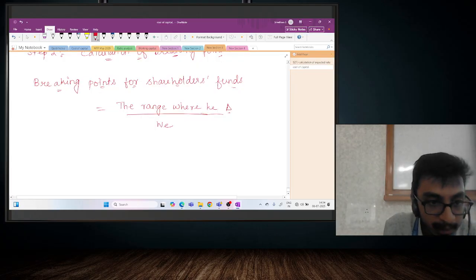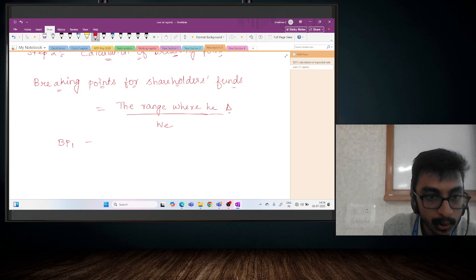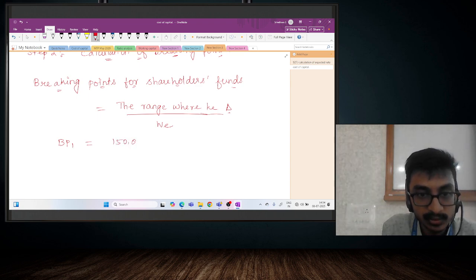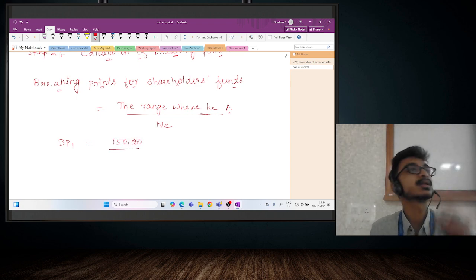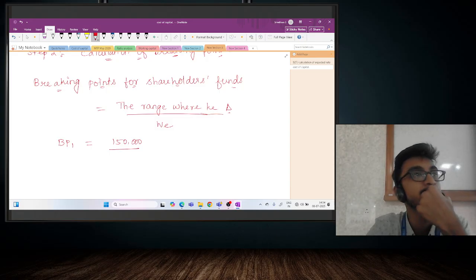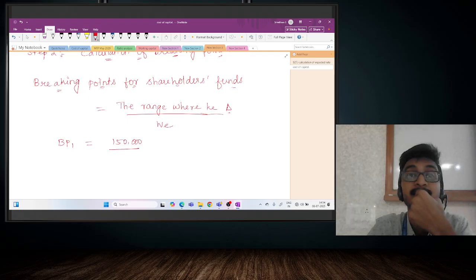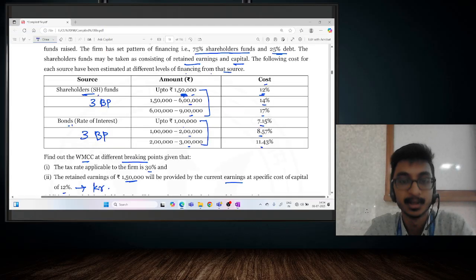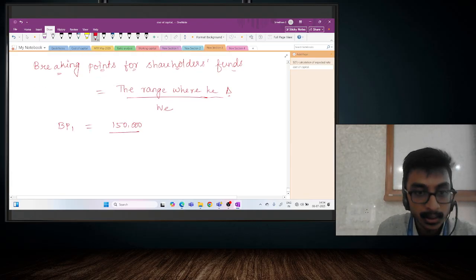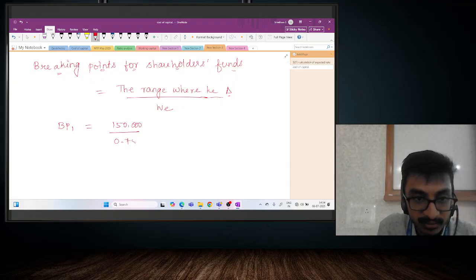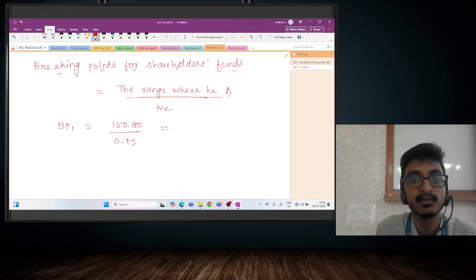So breaking point 1 is equal to 1,50,000 divided by the weight of equity, or weight of shareholders fund. Weight is 75%, so divided by 0.75. So what is the first breaking point we get? Rupees 2 lakh.